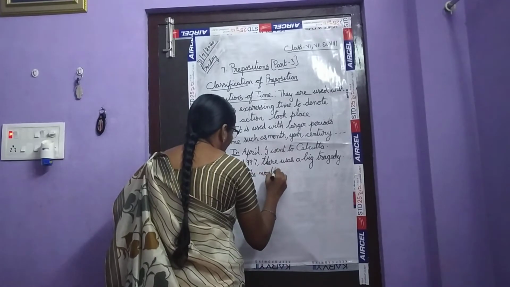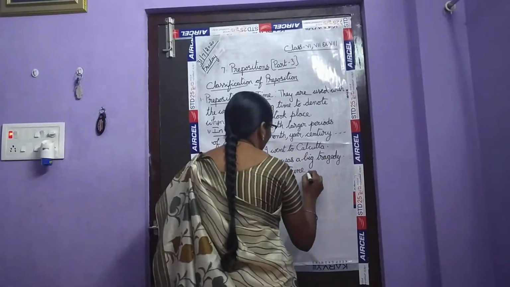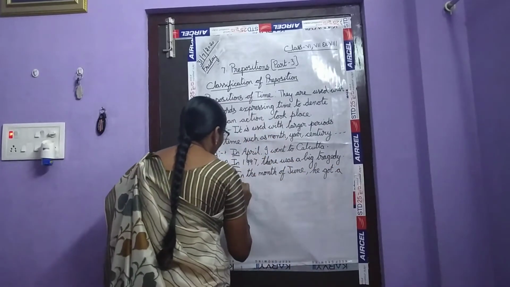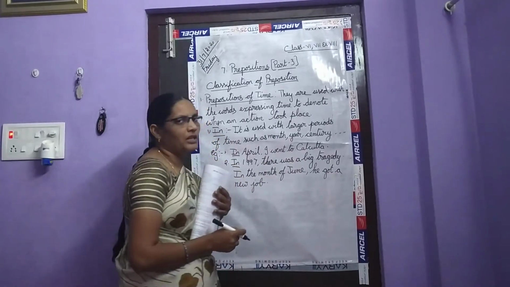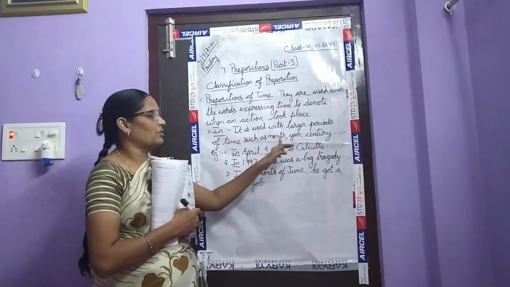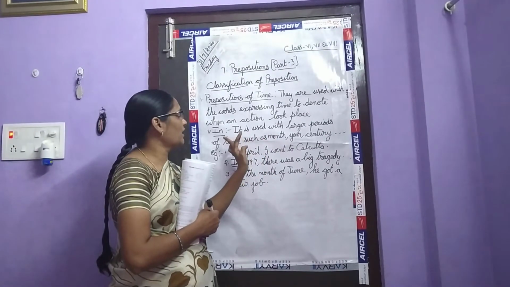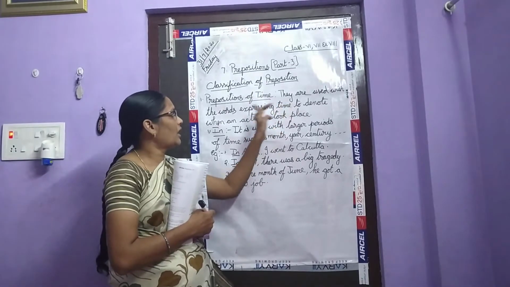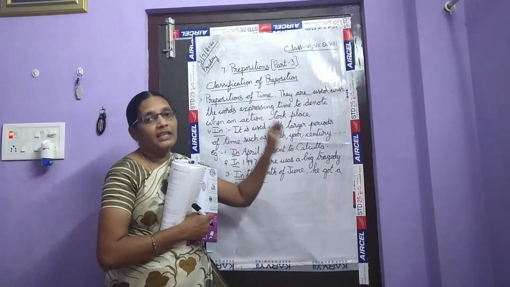In the month of June, he got a new job. When did he get his new job, children? In the month of June. So, for larger periods of time such as month, year and century, we use the word in. In is which part of the preposition? Preposition of time. What is a preposition of time? These are the words used to express when the action has taken place.